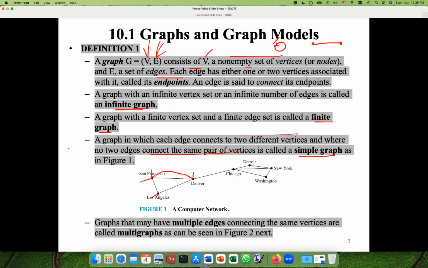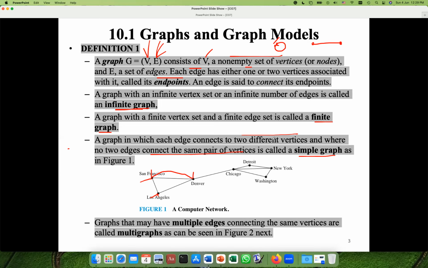So simply, a graph in which you don't have multiple paths or loops, and a loop is this thing. This is the definition which I told you in the beginning, but it is written in a complicated way.